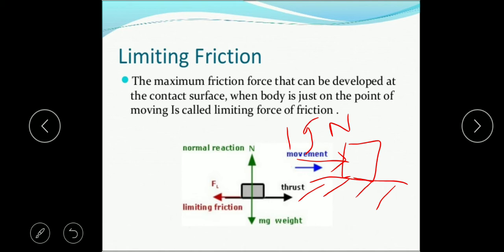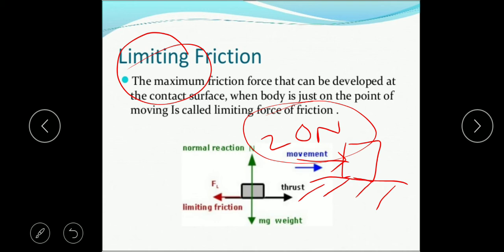We have to apply 20 Newton always to get the motion. So this 20 Newton value is nothing but the limiting value, because at this moment we consider P equal to F, meaning whatever value the friction has, 20, that will be equal to the applied force.